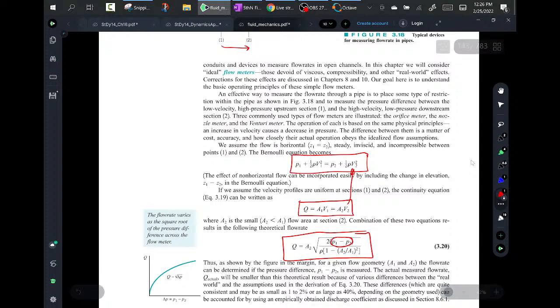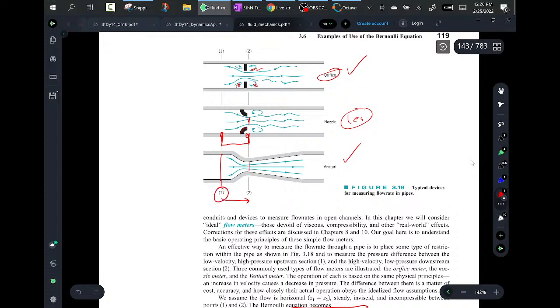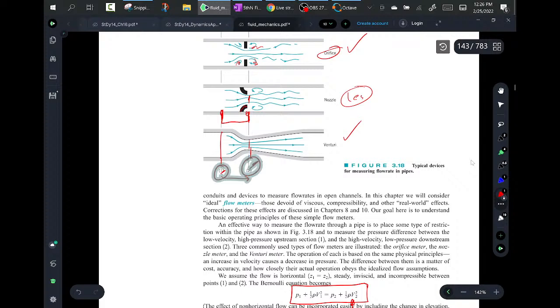Now, how do you get the P1 minus P2? You can either just put a gauge here and read the pressure off, or you can do like they did in that case a minute ago.